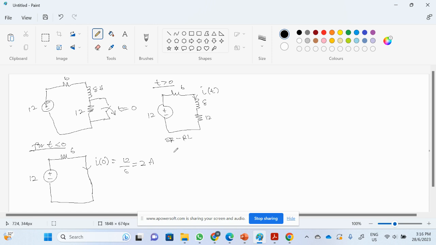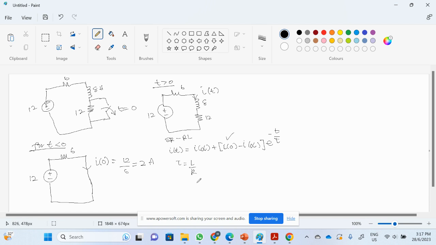So because of that, you have to use the equation I equals I infinity plus I0 minus I infinity, exponential negative t over tau, and tau equals L over R. Because this is an RL circuit, you need to find tau and also I infinity.